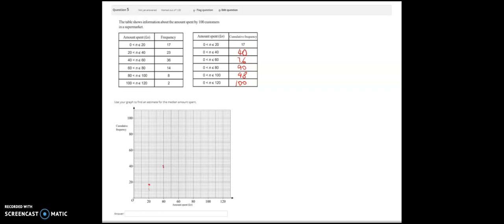This is easy to plot, this one. And then up to £60 goes to 76, so 76 is right here, and up to £80 goes to 90 people, and up to £100 goes to 98, and 120 goes to 100 people.